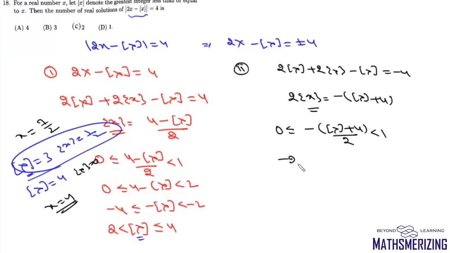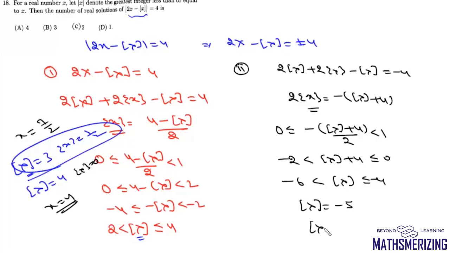So we can write minus 2 is less than greatest integer function of x plus 4 is less than or equal to 0. So here we'll get minus 6 is less than greatest integer function of x is less than or equal to minus 4. So here the two possible values of greatest integer function of x are minus 4 and minus 5. So we'll get 2 solutions here and 2 solutions here. So the total number of solutions to this equation is 4, and that's your option number A.